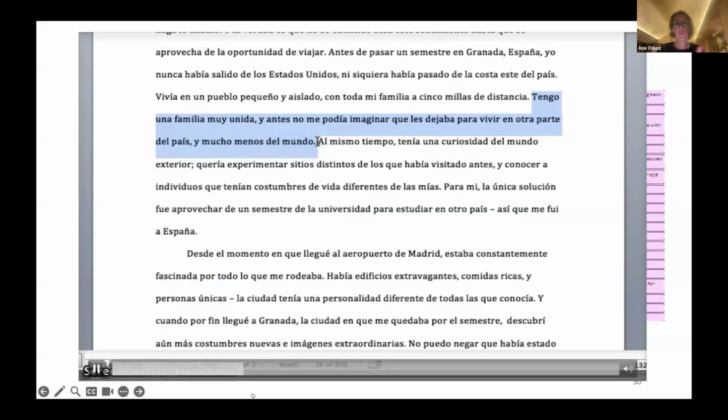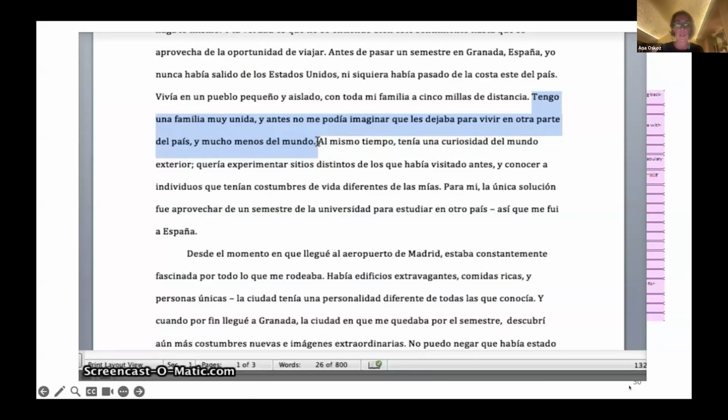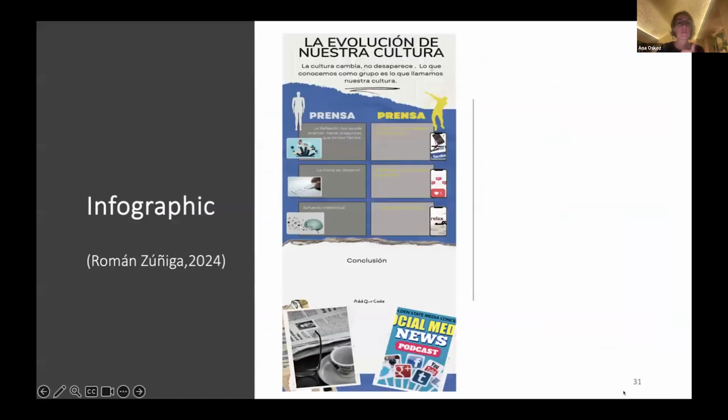And then another example that we are going to give is for infographics. So in this example, we have an infographic. This is from Roman Zuniga's study. And basically what you're looking at there is one of the first or second drafts of the infographic.